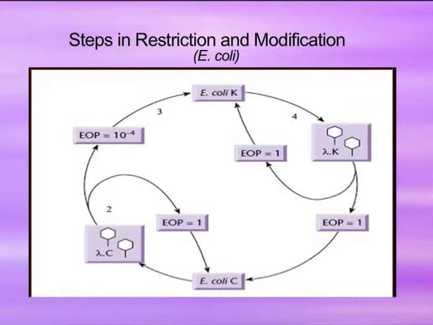However, when the progeny phages collected from growth on strain K are replated back on strain K, they are able to grow profusely and the number of plaques increases.